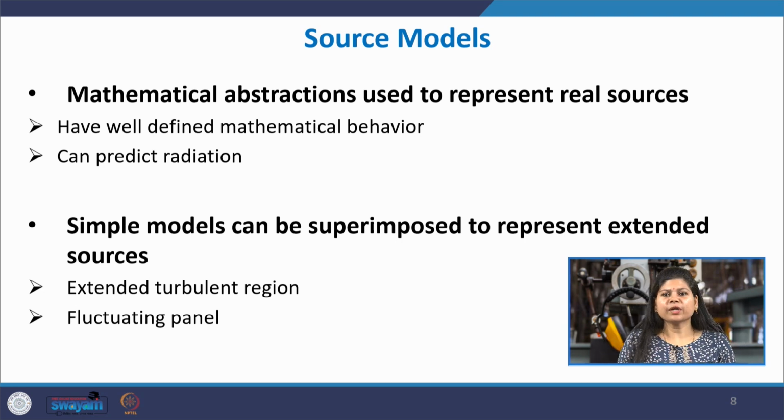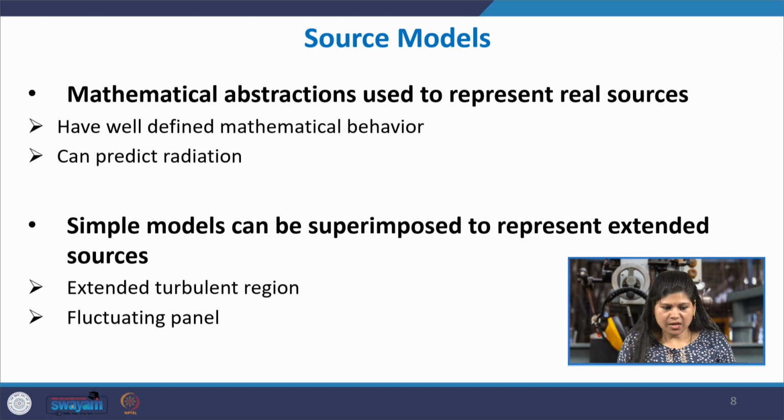Now, I told you that when a structure is set into vibratory motion, it acts like an acoustical source and it creates the sound wave and radiates it into the surrounding fluid medium. In real life we have very complicated sources, but dealing with such complicated sources, because each source could be different from the other, is very impractical when you do a theoretical analysis.